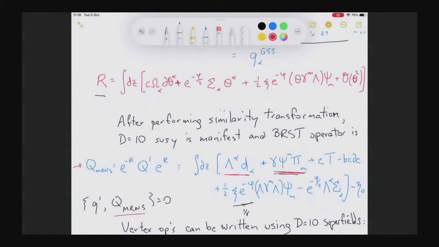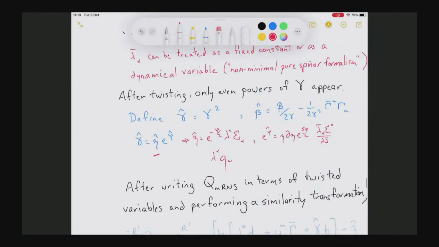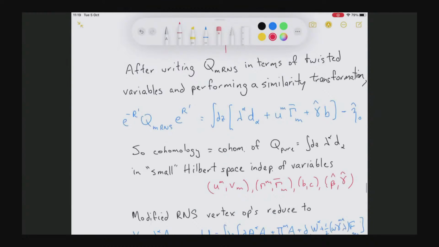We're going to just use these twisted variables, which have integer spin, and write everything in terms of them. So in terms of the hatted ghosts and the gammas and gamma bars. And then what we find is we get something which is very similar to the pure spinor BRST operator after performing a similarity transformation.